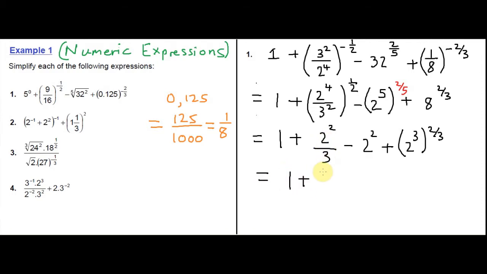Then 2 squared is 4, so it's 4 over 3, minus this 4 here. The 3's cancel here when we multiply the powers. So it's just going to be 2 squared. As we said, the 3's cancel here. So it's 2 squared, which is 4. Of course, these cancel. And we are left with 1 plus 4 over 3, which is 7 over 3.